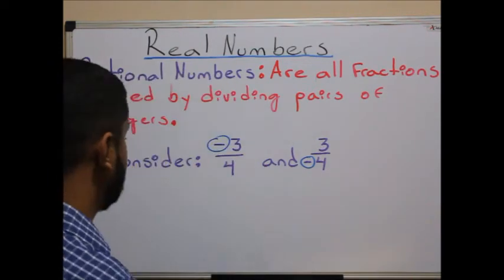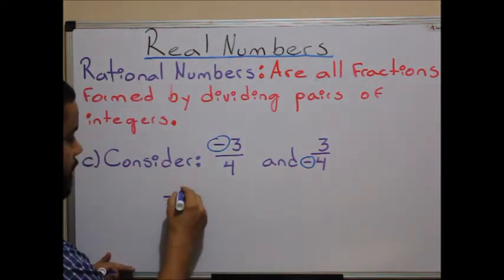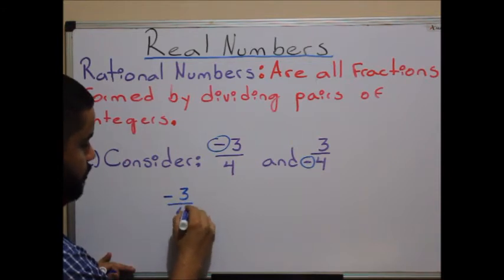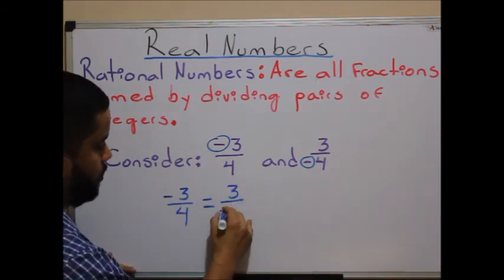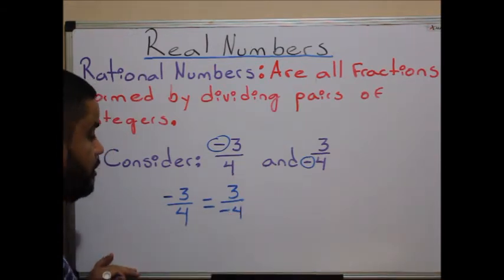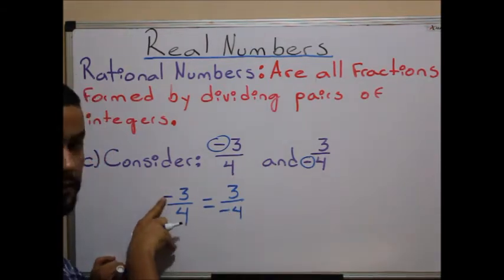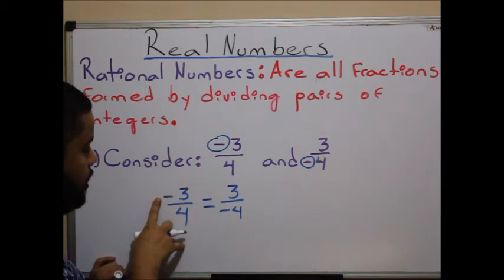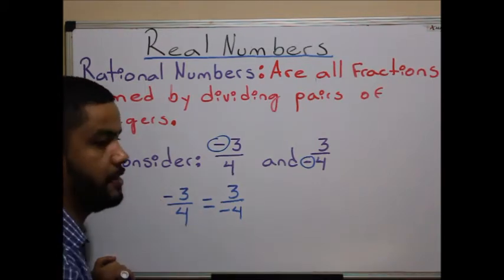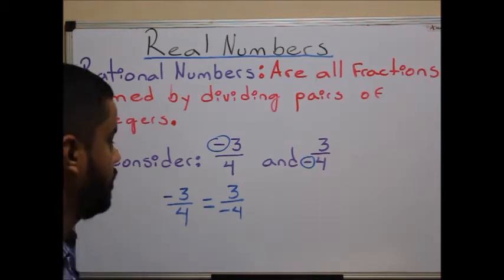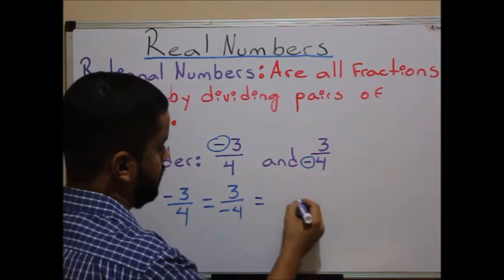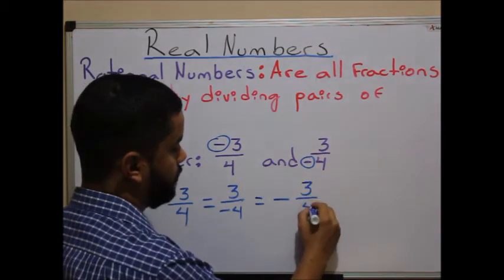So we can say that -3 over 4 is the same as 3 over -4. The only difference is that the negative on the numerator jumped into the denominator, and both are equal to -3 over 4.